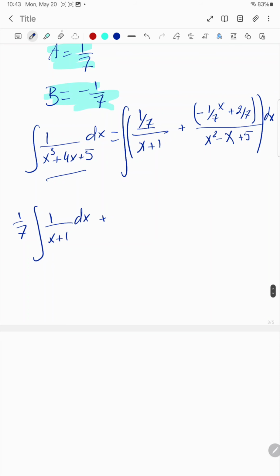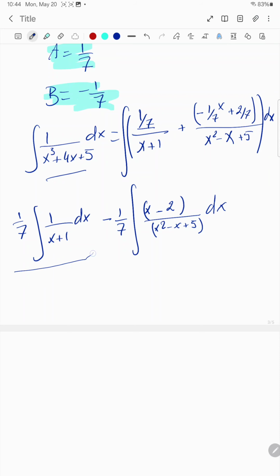So I'll take out the plus and I will put minus 1 over 7. And inside I will have x minus 2 divided by x squared minus x plus 5 dx.